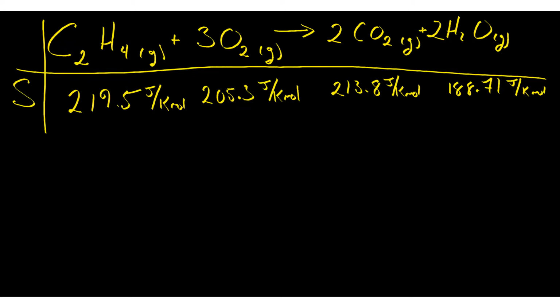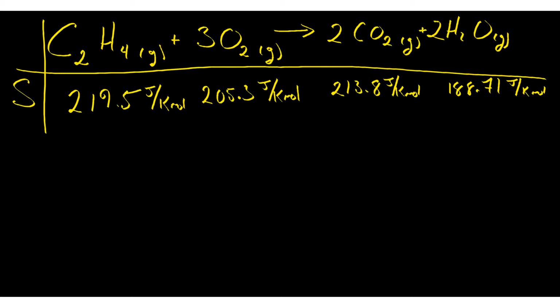So the entropy for ethylene is 219.5 joules per Kelvin mole. For oxygen, it's 205.3 joules per Kelvin mole. For carbon dioxide, 213.8 joules per Kelvin mole. And for water, it is 188.71 joules per Kelvin mole.